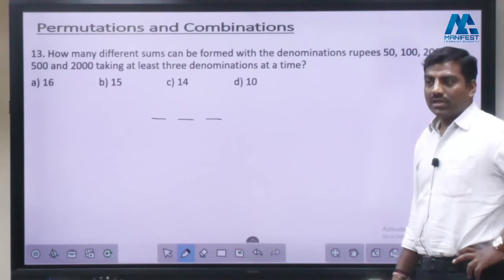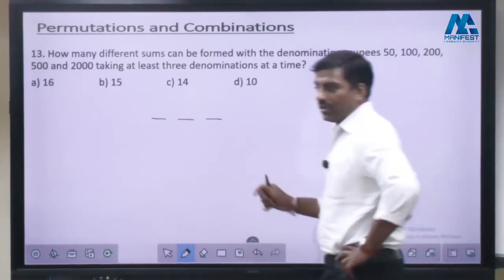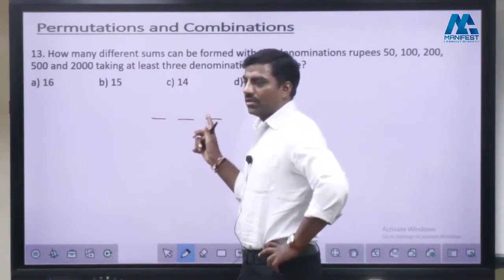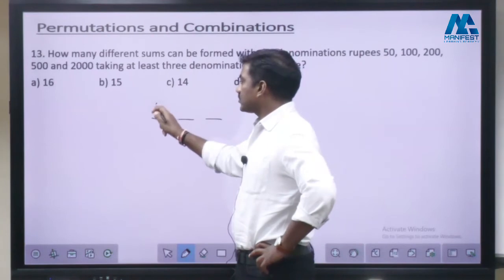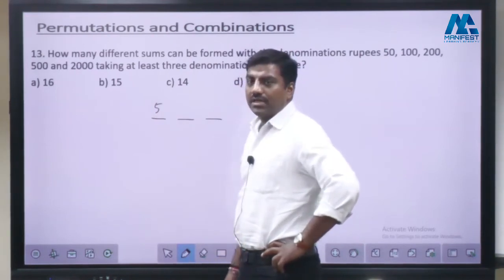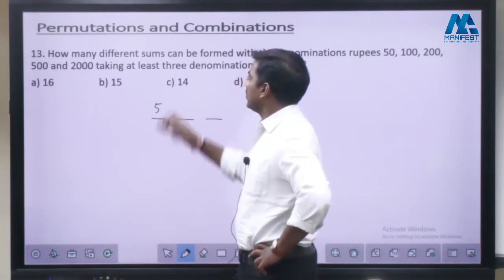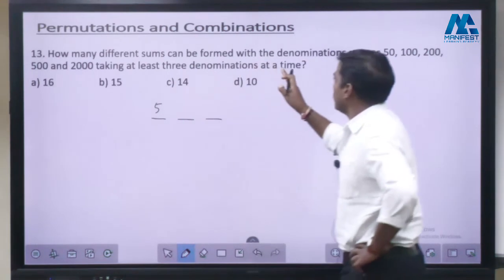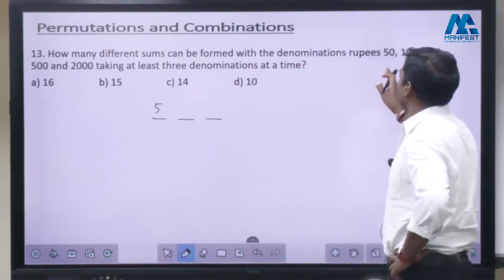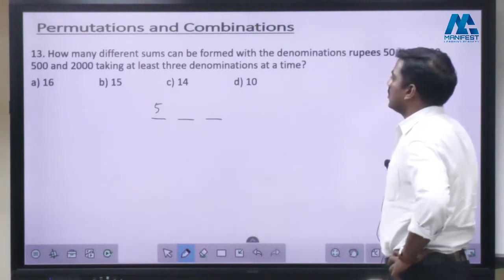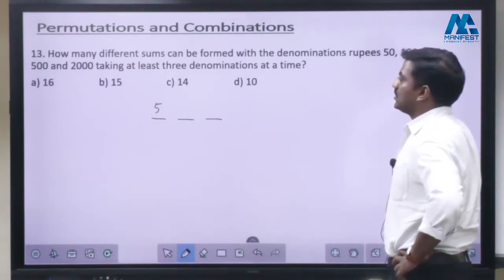At least 3 means what? 3 and more, right? So when we take 3, how many ways can we take notes here? 5 ways. Then how many different sums?